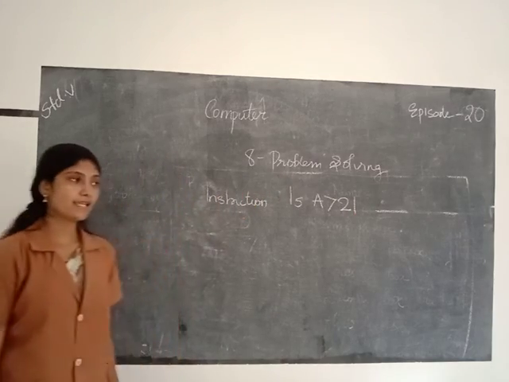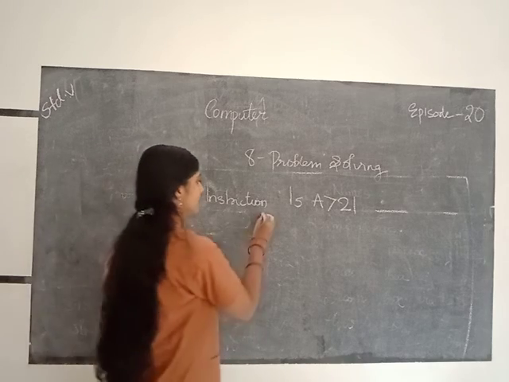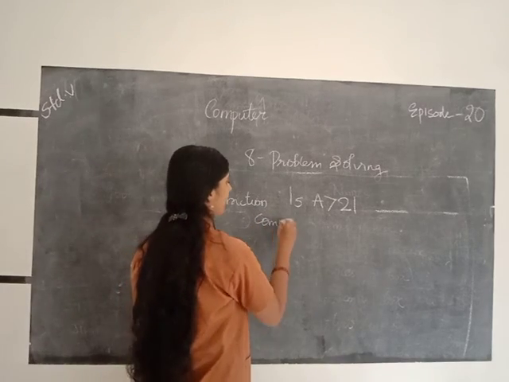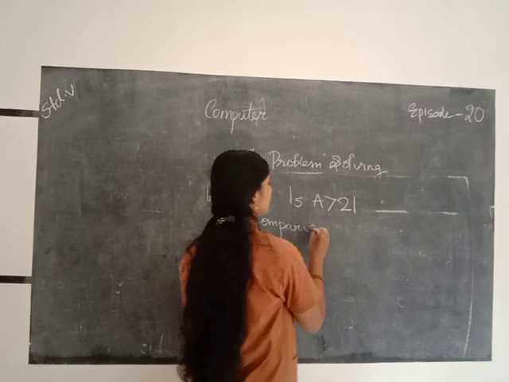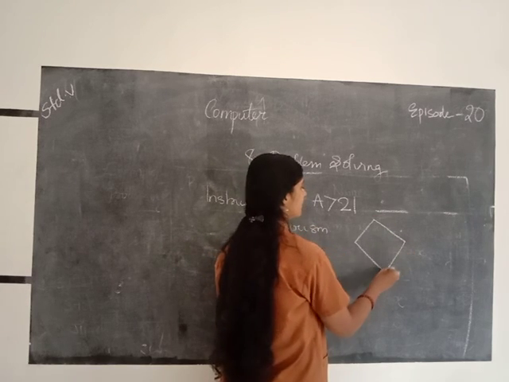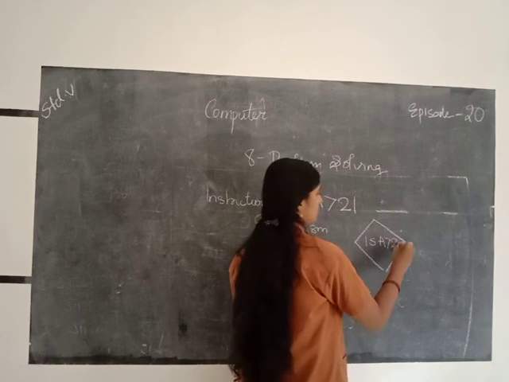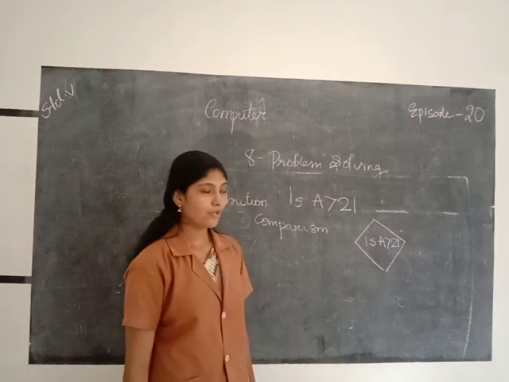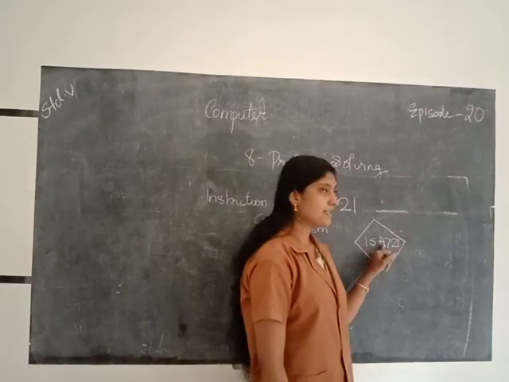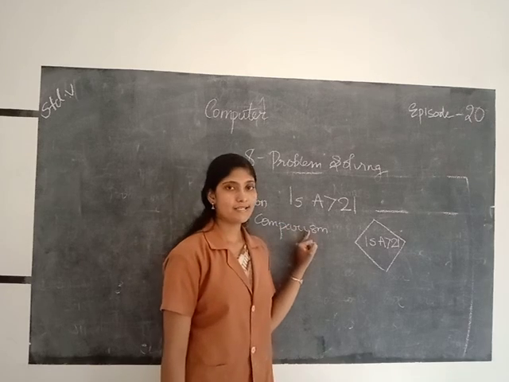This is a comparison statement, so we should write it in the decision box. So here is the decision box, and then write: is A greater than 21. If the entered number is greater than 21, then it's true, otherwise it is false.